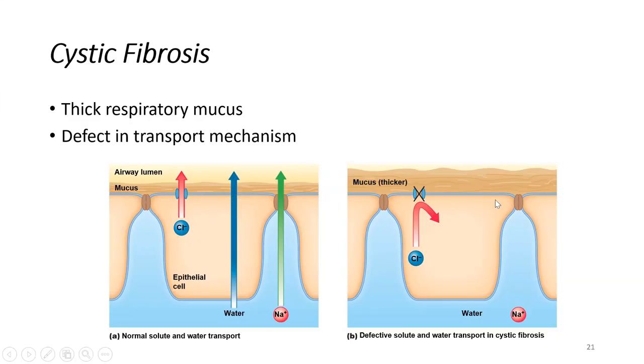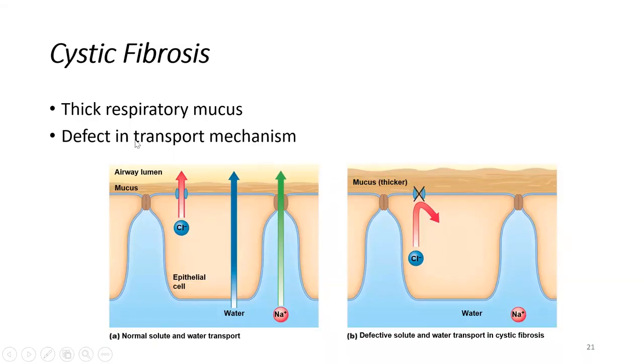And so what we end up with is this really thick, viscous mucus lining our respiratory tract, lining even the reproductive tract. And some of the symptoms that we see in patients with cystic fibrosis are really thick mucus leading to lots of respiratory dysfunction, as well as infertility because of that thick reproductive mucus, which prevents the passage or the traveling of the fertilized embryo.